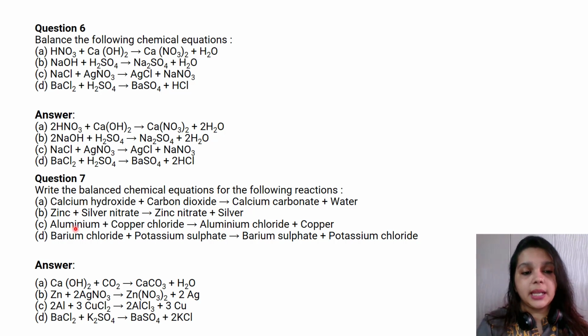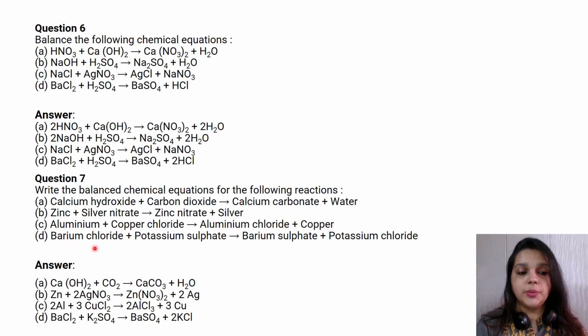Thirdly, aluminium Al plus copper chloride CuCl2 will give us as the products aluminium chloride AlCl3 plus copper. Lastly, barium chloride BaCl2 plus potassium sulfate K2SO4 will give us barium sulfate BaSO4 plus potassium chloride KCl.